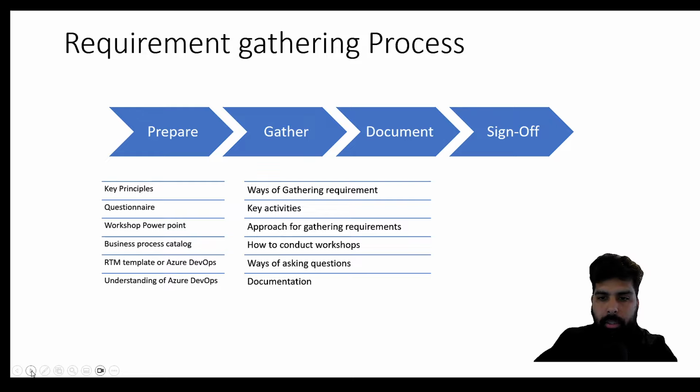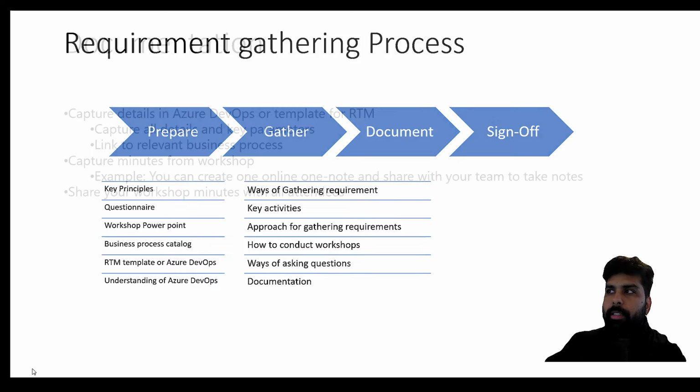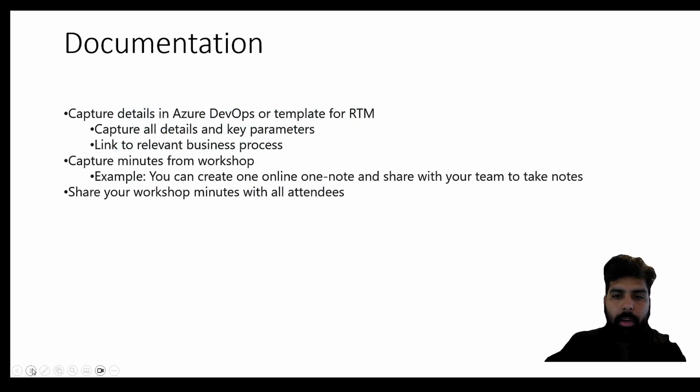This is just a quick recap of what we have done till now. We have covered the requirement gathering process end to end, and as a result we are able to document all our requirements in Azure DevOps or any other template which we are following for requirement documentation.